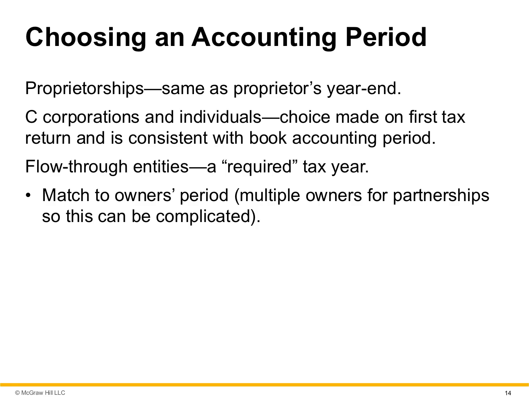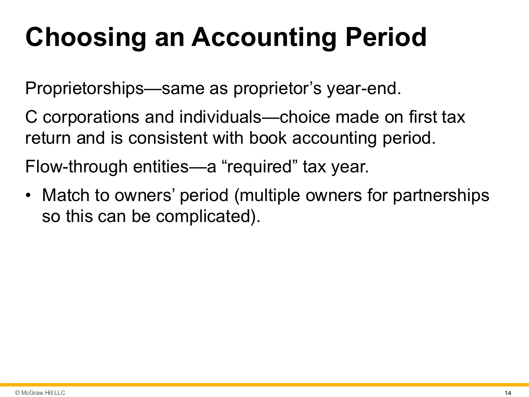For C corporations, they get to choose on their first tax return whether they want to use a calendar, fiscal, or a 52/53 week year end. And usually they try to pick something that is consistent with the book accounting period, or their financial accounting period.